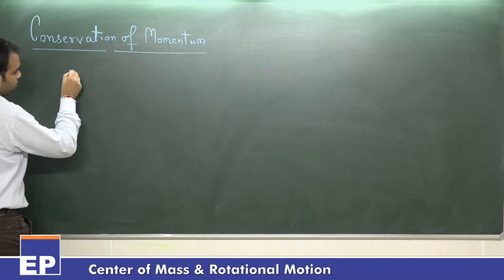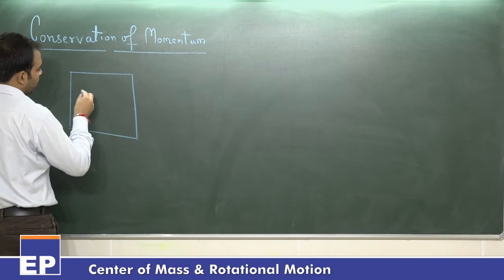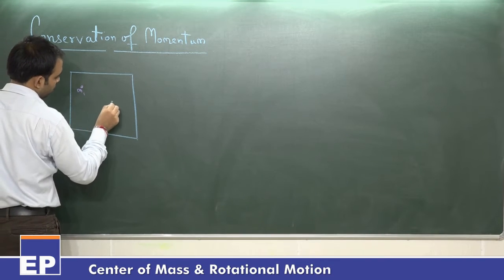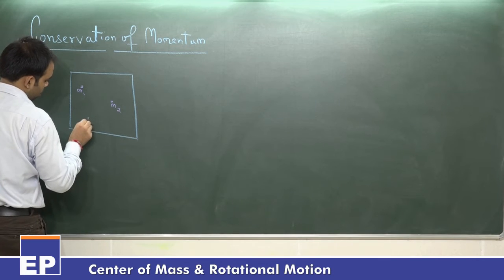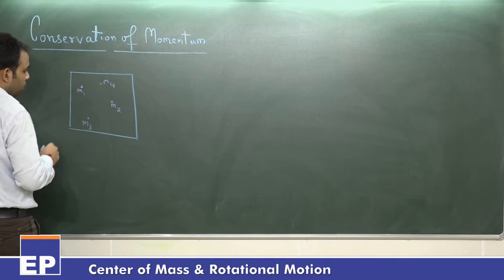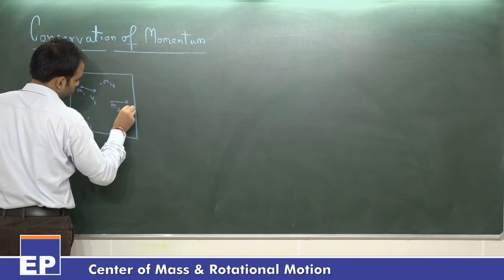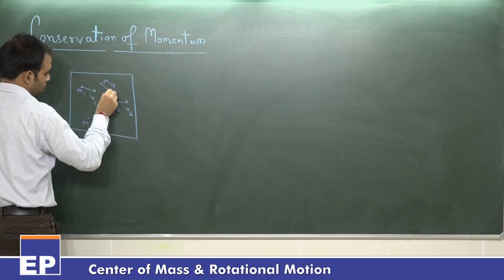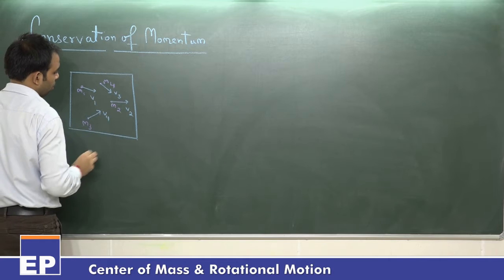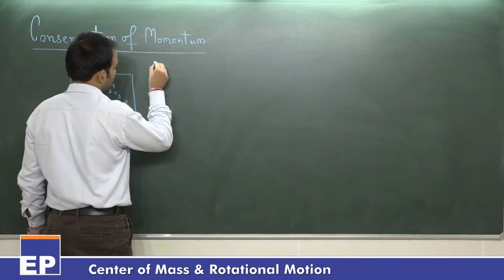Let's say this is the system, and in this system there are a number of particles m1, and these are moving with v1, v2, v3 or v4. Now what is the momentum of the system?